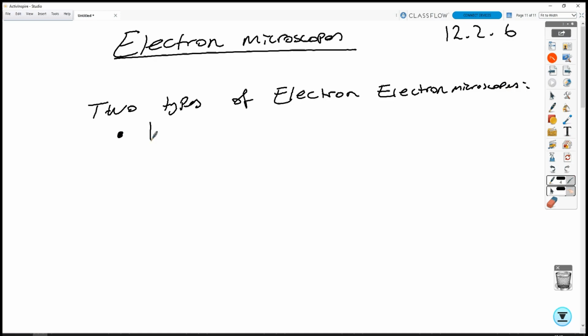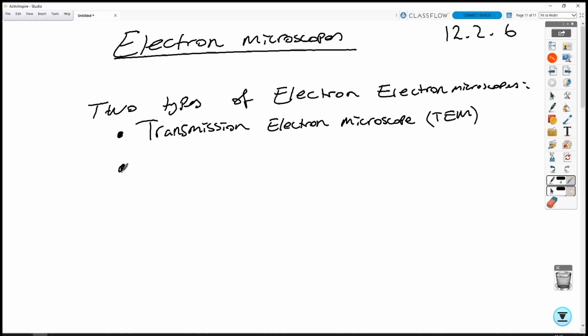These are the transmission electron microscope, which is usually referred to as a TEM, and a scanning tunneling microscope, which is referred to as an STM.